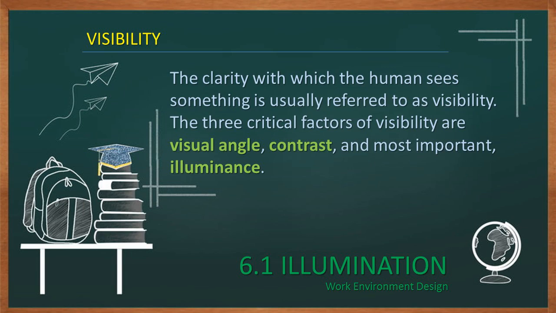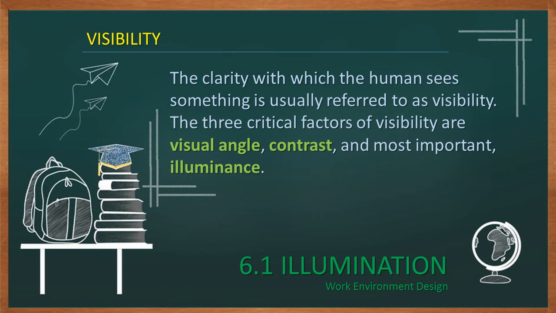Visibility. The clarity with which a human sees something is usually referred to as visibility. The three critical factors of visibility are visual angle, contrast, and most important is illuminance. Visual angle is the angle subtended at the eye by the target, and contrast is the difference in luminance between a visual target and its background.